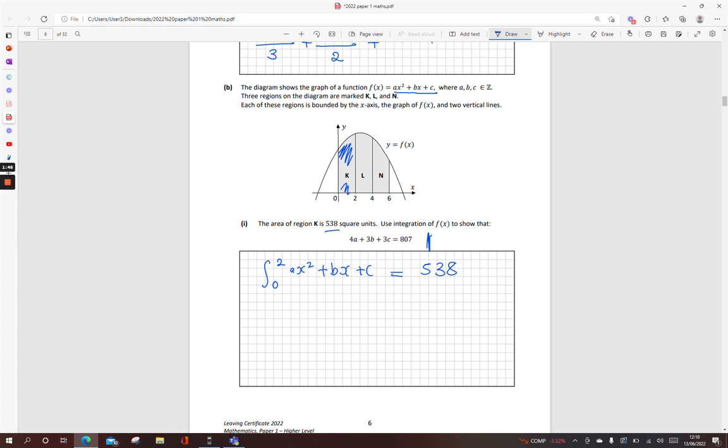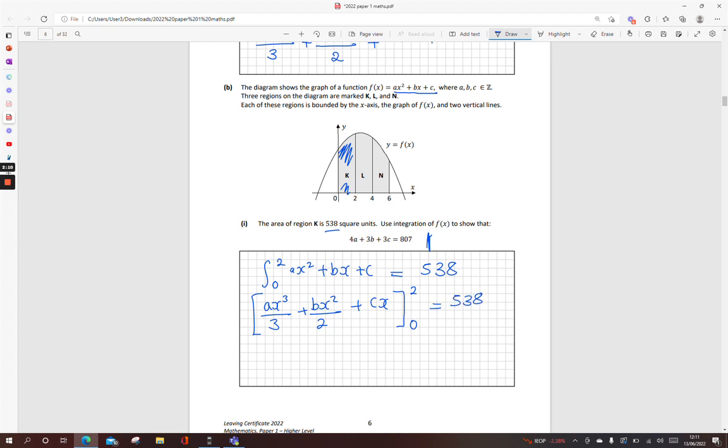So, same as before, increase the power by 1, divide by the new power. And there's no constant of integration here because it would disappear when I throw in the limits. And don't be put off with A, B's and C's, because look at the answer. There's A, B's and C's there.